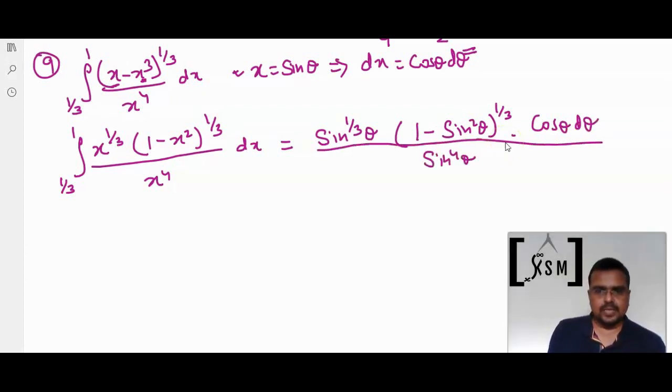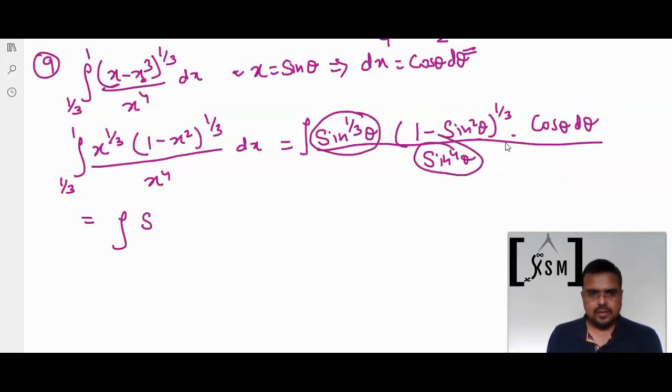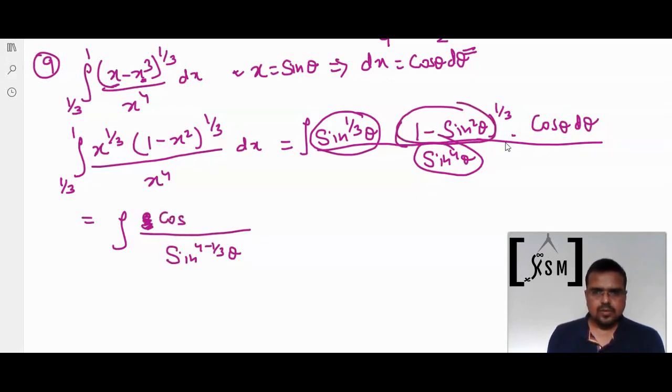Okay, we will simplify it right now. The sine terms, we will bring them together. So it will become sine to the power 4 minus 1/3 theta, right? And for the cos part, we will write cos to the power 2 over 3 theta d theta, right?